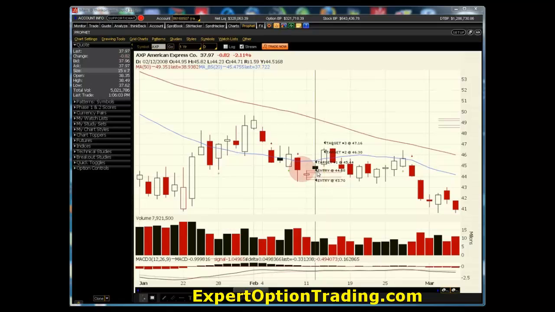If you don't exit 100% of your position, then you want to make sure that you raise your stop loss along with your profit targets, so that if there is a quick reversal, you'll be able to get out and still maintain your profitability in the position.